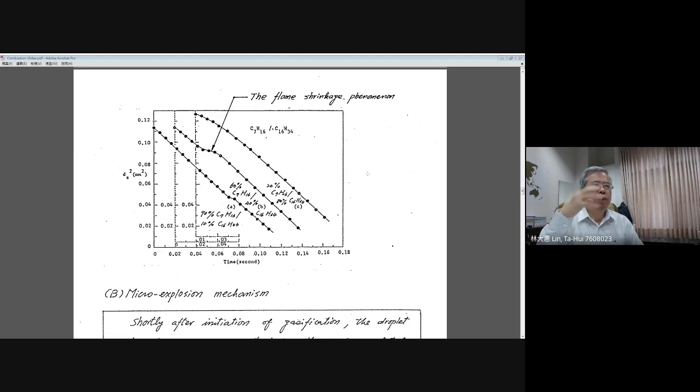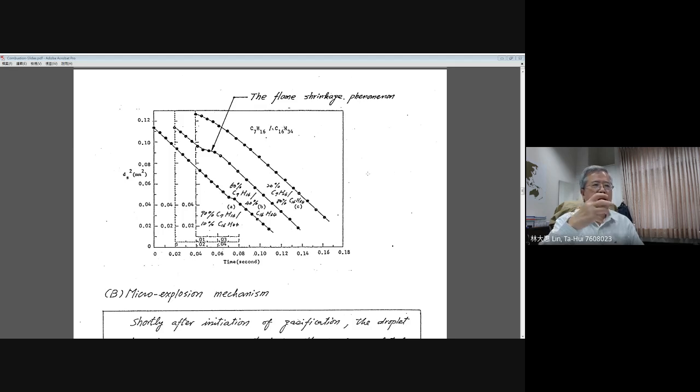But when you evaporate most of the C7 from the surface, then on the surface of your droplet you just have C16 left. But in the center, in the interior of the droplet, the percentage of C7 and C16 has almost no change, because the C7 in the center of your droplet is very hard to transfer to the surface to support the burning. Therefore, the fuel on the surface just remains C16.